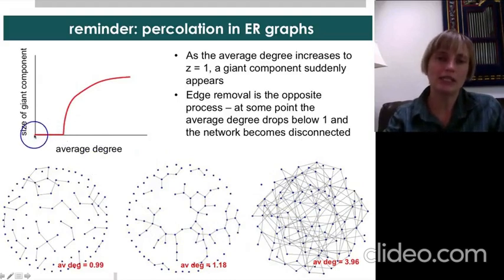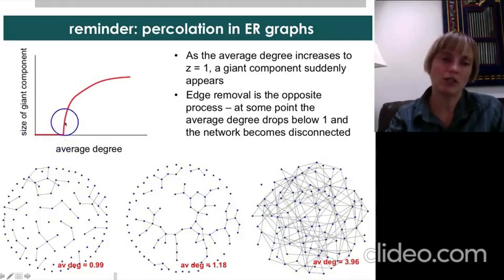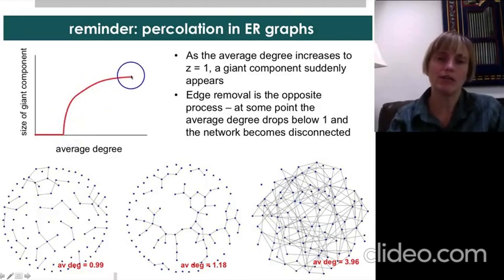And when we looked at the size of the giant component, it looked something like this, where you just don't have a giant component, and then right around average degree of 1 for each node, you get the emergence of the giant component.